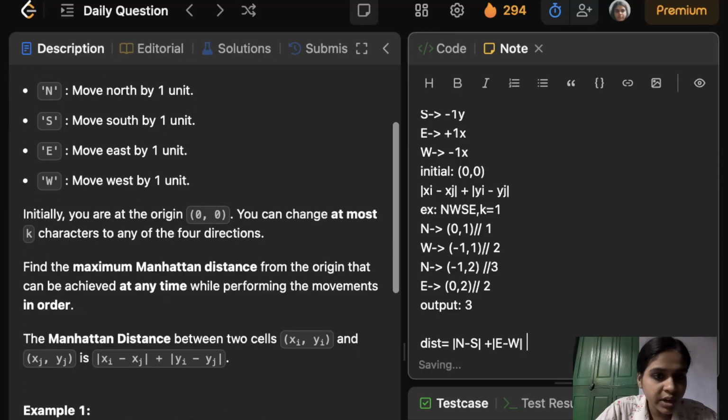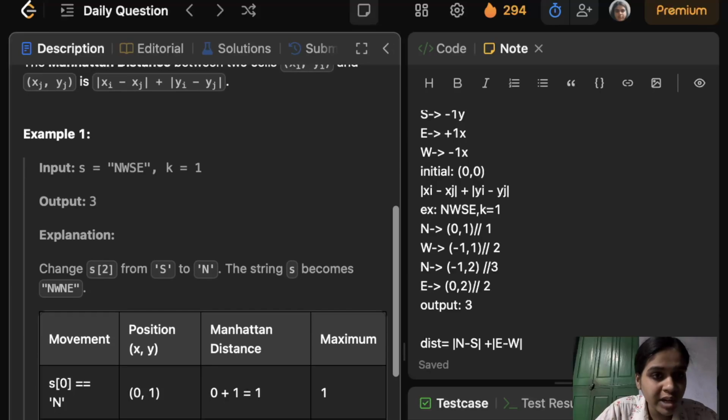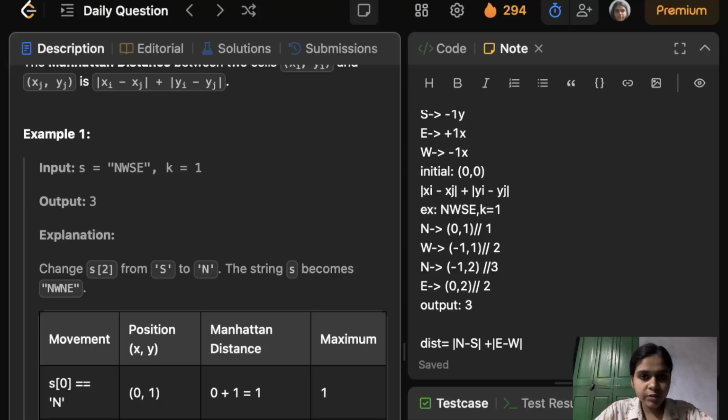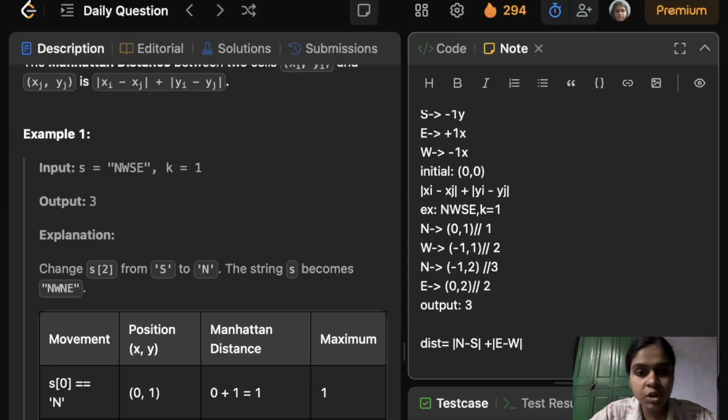What change we are provided from the normal formula, what kind of deviation is there, we are also provided a k. So if we are going in the normal way, it is normally this formula, but if k is provided, it will be a little bit of change. Like in this case, if k was not provided, then it would be s, and it would be 0 comma 2, so the output would have been 2 instead of 3.